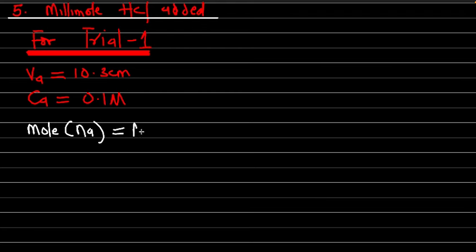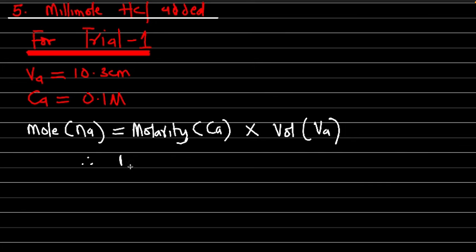This is equal to molarity times volume, right? Molarity times volume. So therefore, Na equals Ca times Va.